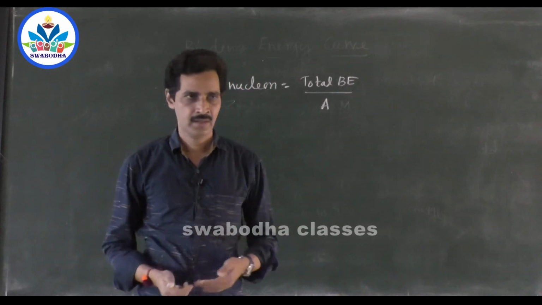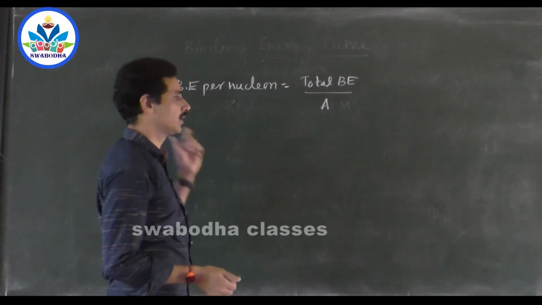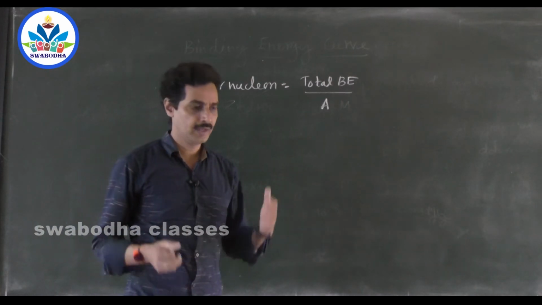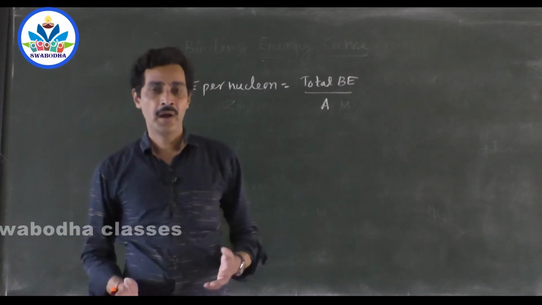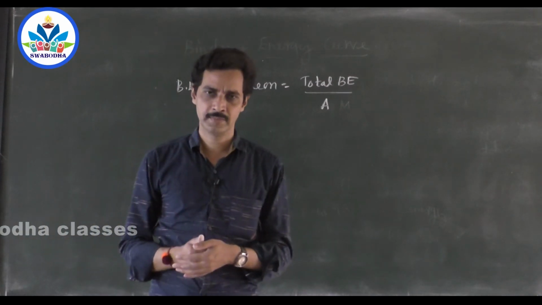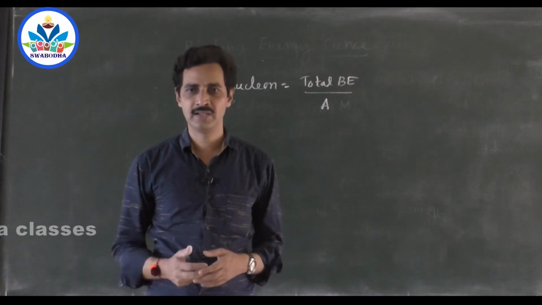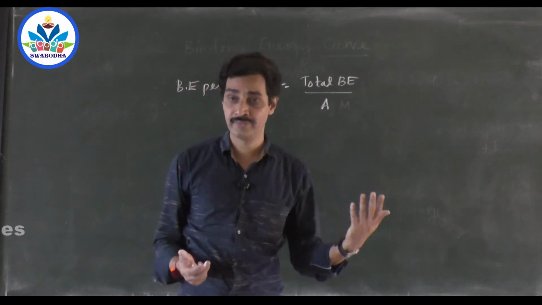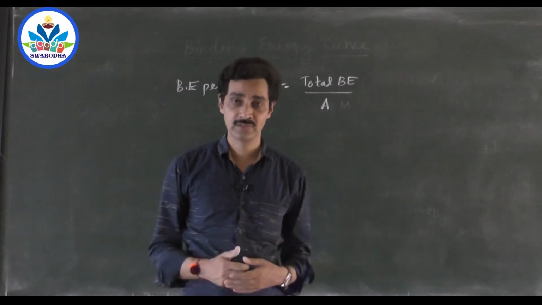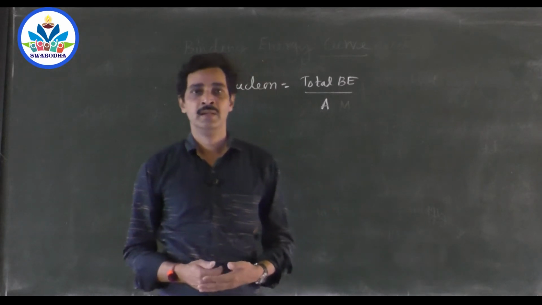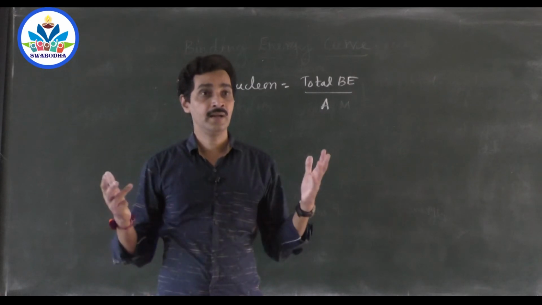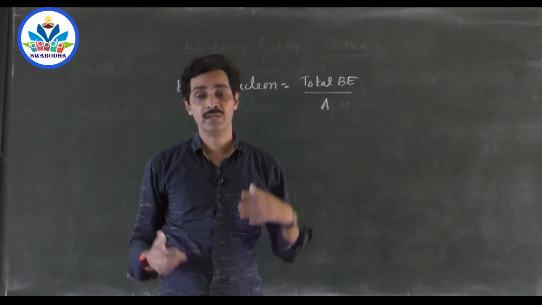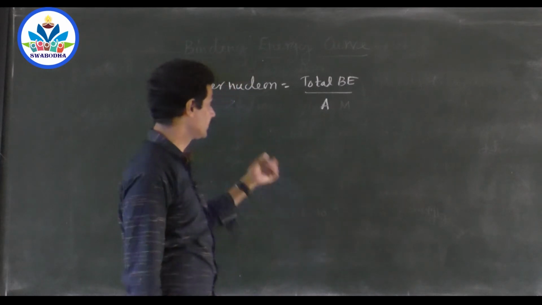That counts. So binding energy per nucleon is called specific binding energy, and that has to be calculated. A nucleus may have high binding energy. For example, uranium has more binding energy, but there are many protons and neutrons inside the nucleus, 235 or 238 for its isotopes. Per nucleon, the energy available is much less, so it is not stable. That is what you have to calculate.